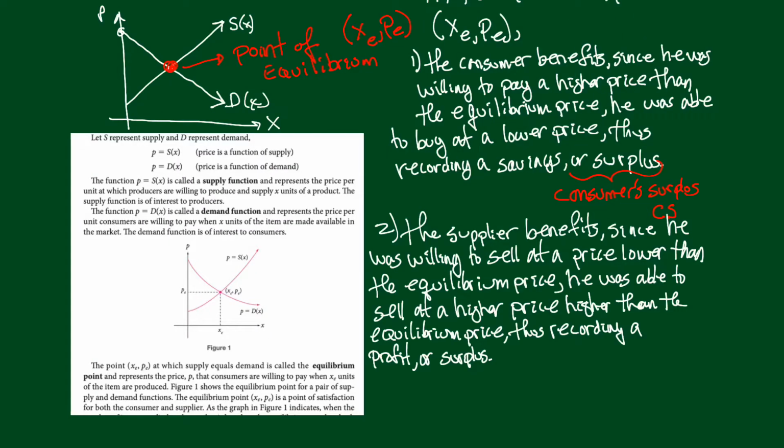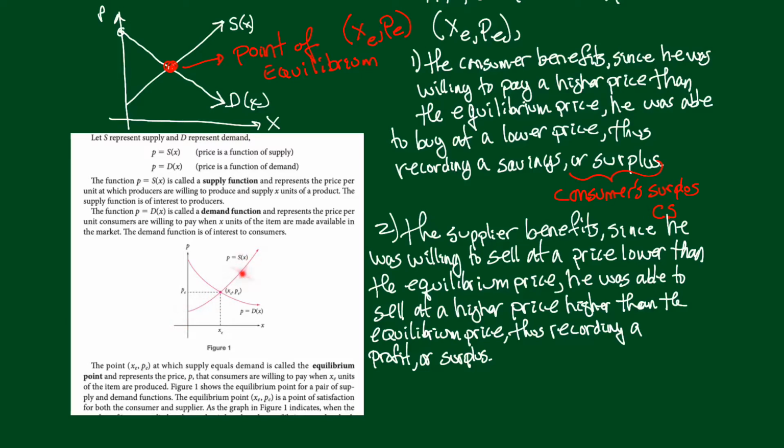And now at that equilibrium point, the second thing is that the supplier will benefit also. Since he was willing to sell at a price lower than the equilibrium price, he was able to sell at a higher price and record a profit. So let's look at the graph here. Here's what it means. This is the supplier's curve.